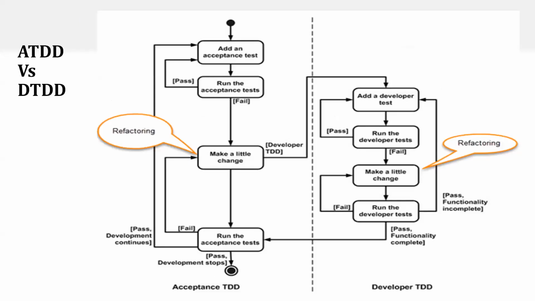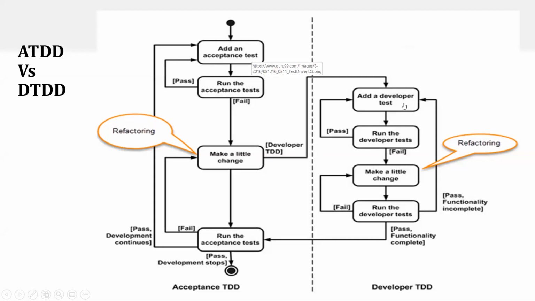Now see the diagram. The left side is acceptance TDD. The right side is developer TDD. From this diagram, what you can understand is developer TDD is available inside acceptance TDD. Initially you start at acceptance TDD, run it, it fails, make little changes. How will you make little changes? You give it to the developer test.